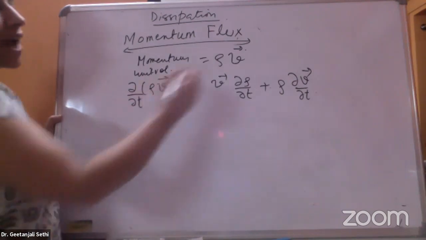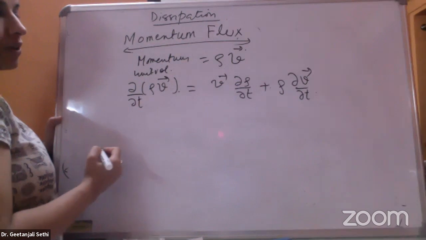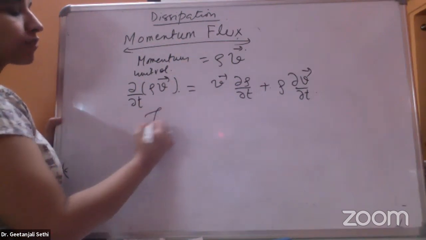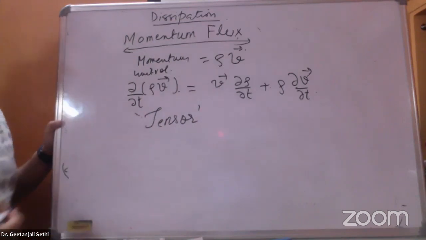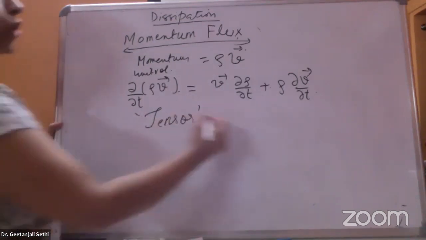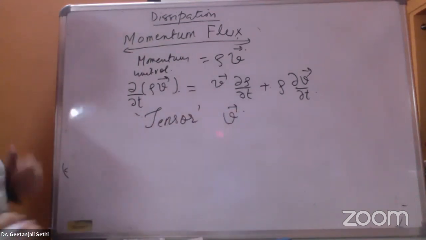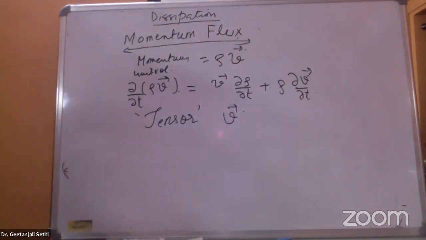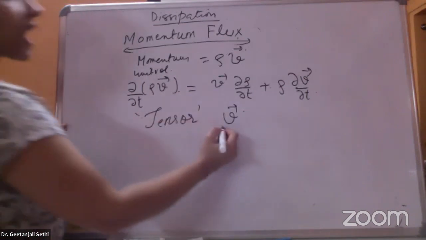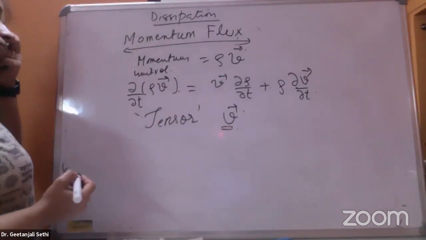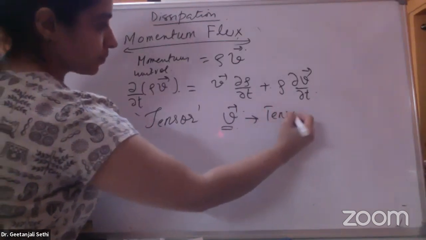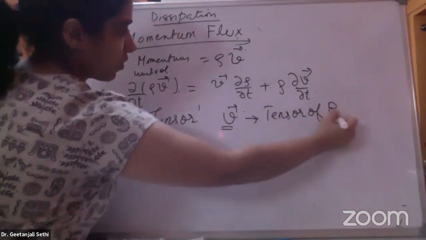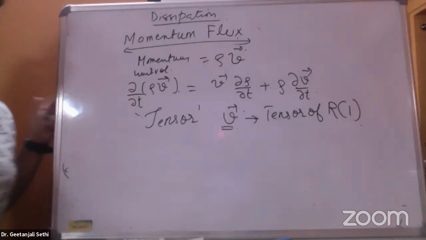Now let me write this equation using tensors. Because you've been reviewing the special theory of relativity for the last few days, you must have reviewed the idea that a vector is nothing but a tensor of rank 1.